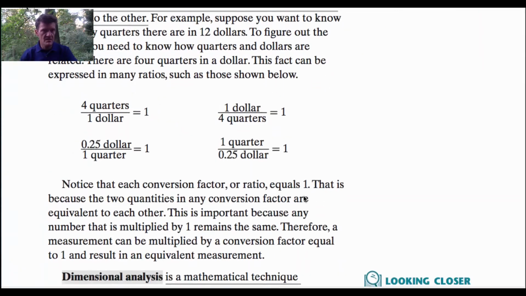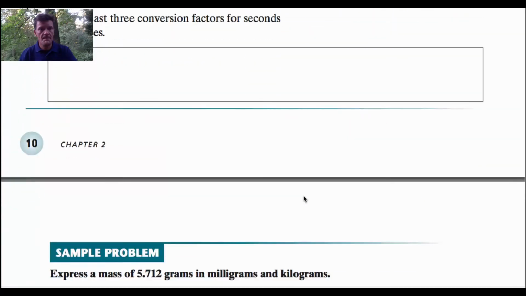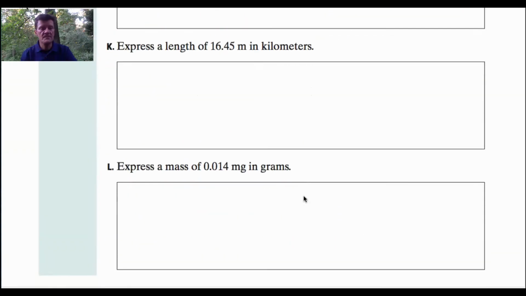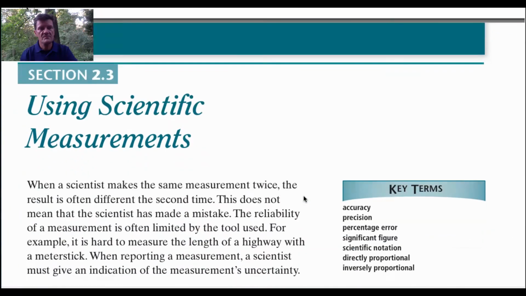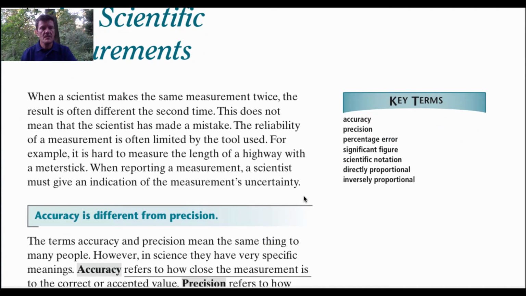And we are going to look at our next section, section 2.3, as we look at scientific measurements and significant figures. Okay? Now, when we make measurements, we use certain tools to do that.